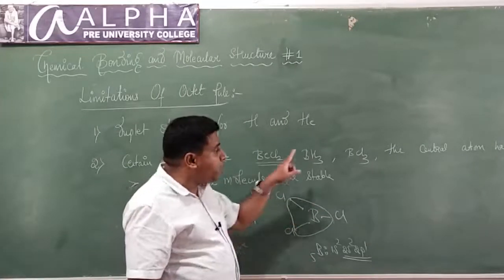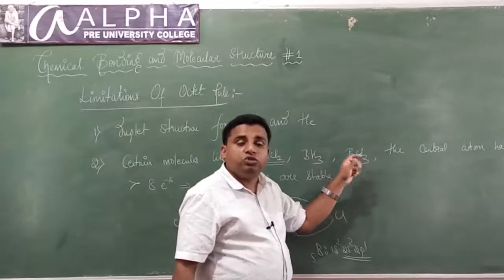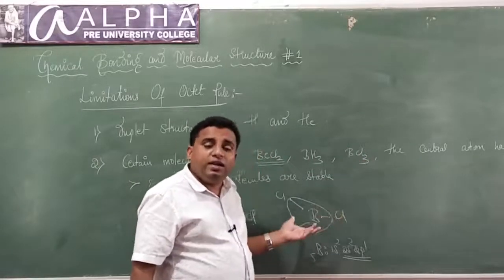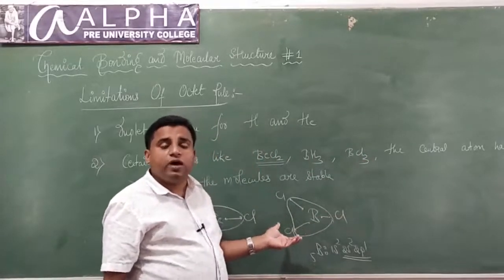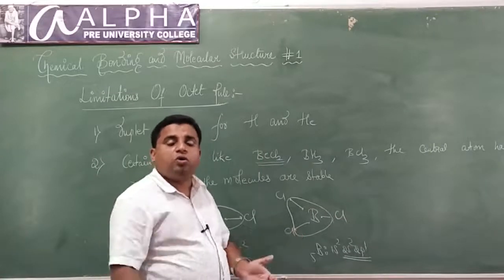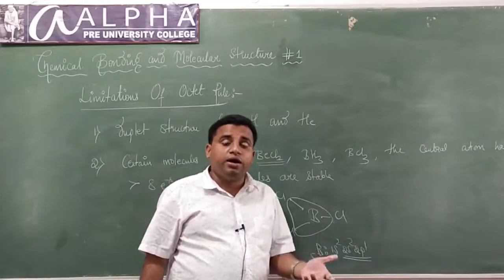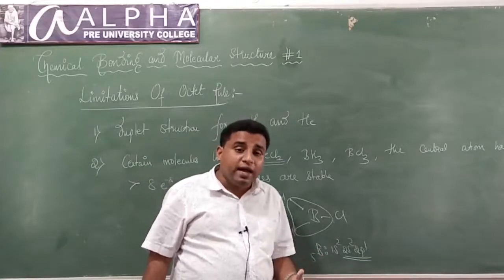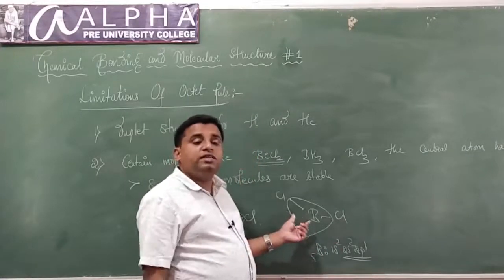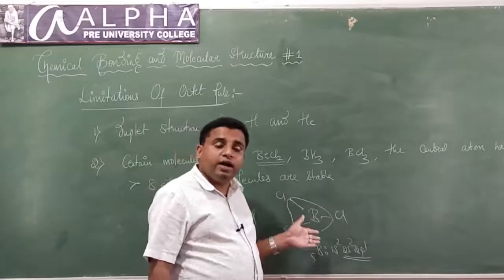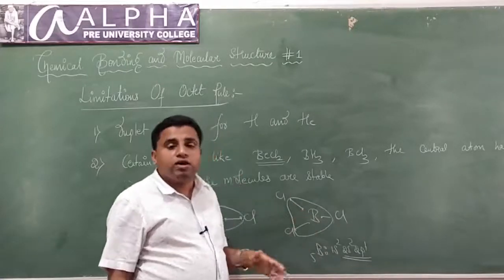So when boron combines with 3 chlorine atoms to form boron trichloride, it gets only 6 electrons in its valency shell. But the octet rule says when atoms combine to form a molecule, they will have 8 electrons. But there are only 6 electrons around boron in boron trichloride. But still it is stable.